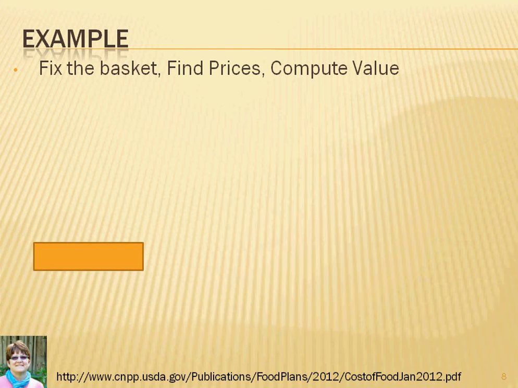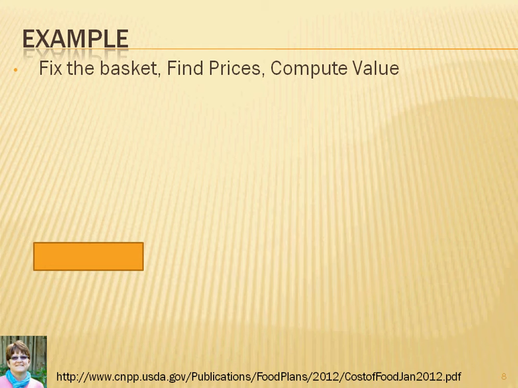Let's say we've decided on a list of items for an example basket. For this example, we'll deal only with food for a family of 4, 2 adults and 2 school-aged children. To find the CPI, normally we would list all of the shopping needs, including amounts of each item, find prices for each item, and compute the value of the basket.